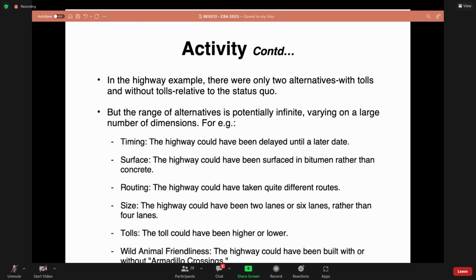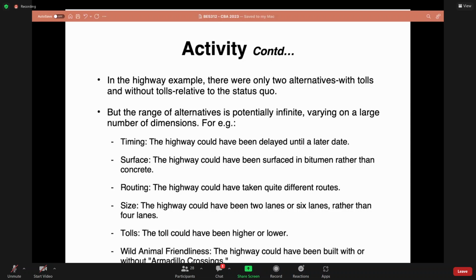For example, there can be an infinite number of alternatives. Depending on when you start the project, it could be started in 1 year's time, 2 years' time, 5 years' time. So your benefits, your costs, everything will be affected by that, depending on when you decide to start the project.